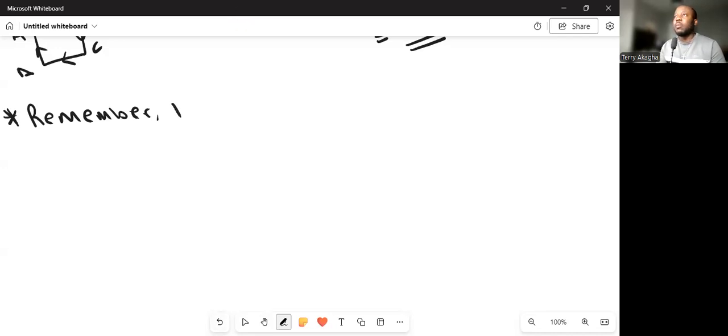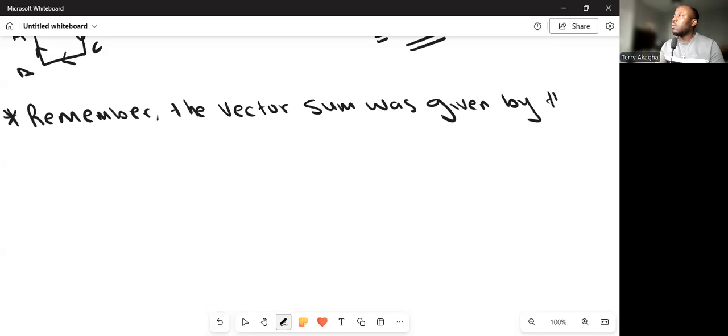So just to remind us, remember, the vector sum was given by the single equivalent vector.